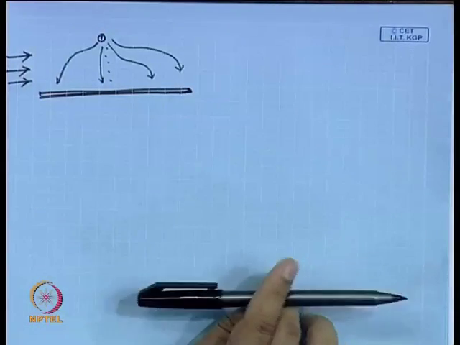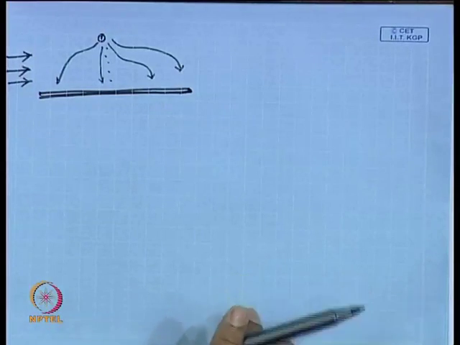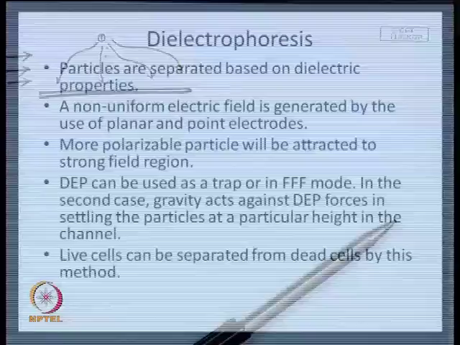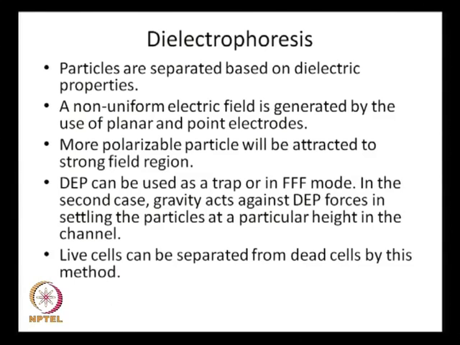So, it can work as a trap, that means the particle is held within this electric field, or it can be working in an FFF mode, that means the particle is settling at a particular layer and would be eluting along with the velocity profile. In the second case, gravity acts against DEP forces in settling the particles at a particular height in the channel.